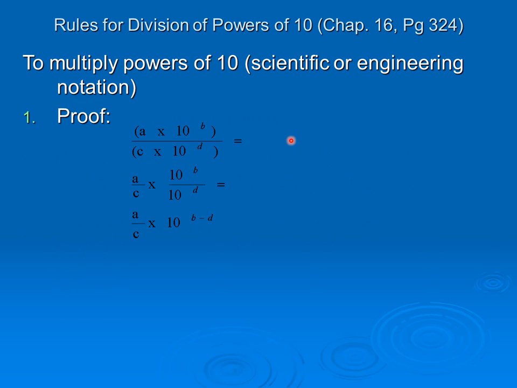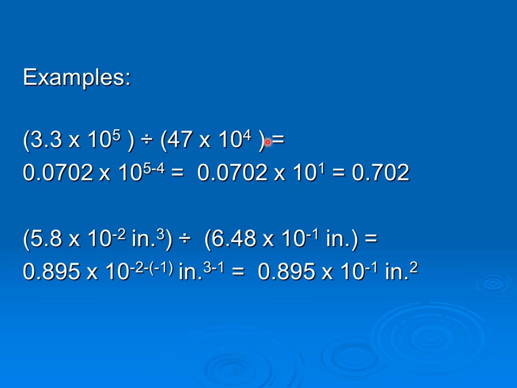For example, let's say we divide 3.3 by 47. We get this one, and then the power is 10 to the power 5 here and 10 to the power 4 here. Subtracting the powers, 5 minus 4, that becomes 10 to the power 1. Now if you get rid of this 10 to the power 1, you can go to the base, which becomes 0.702.